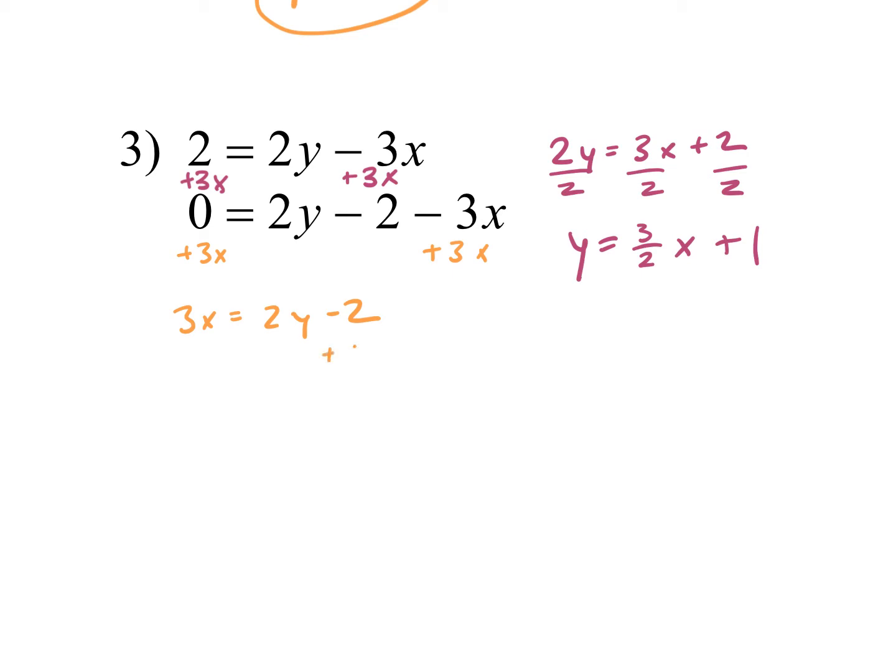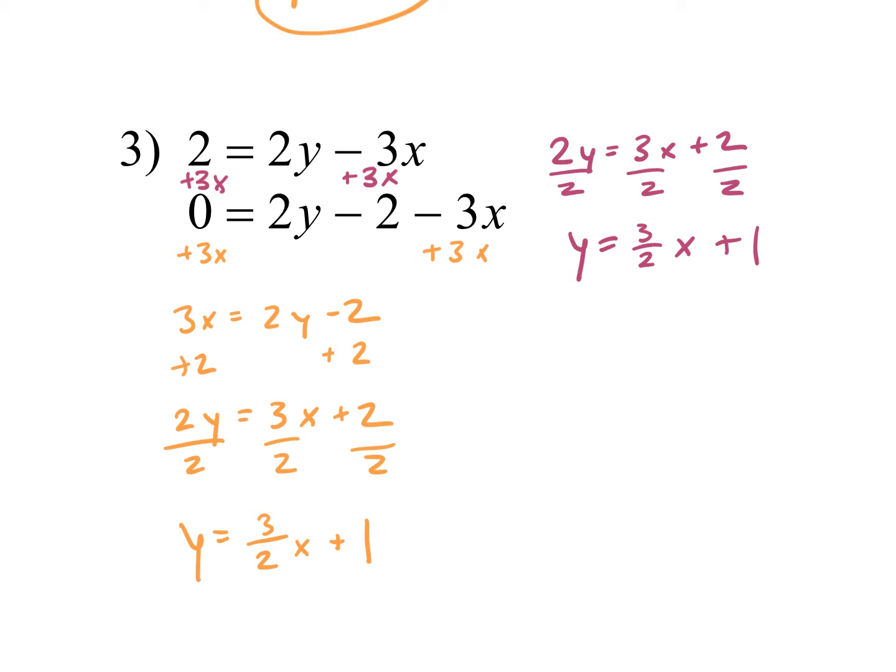So I have to move that 2 over to the other side, so plus 2. I'm just going to rewrite the order, writing the y on the left side. So 2y is equal to 3x plus 2. And then what should I do? Divide by 2. So y is equal to 3 over 2x plus 1.